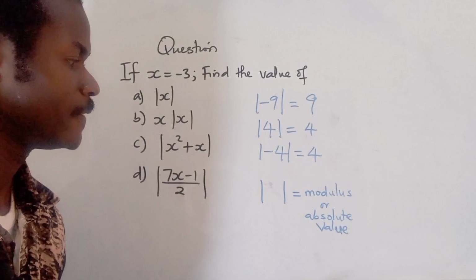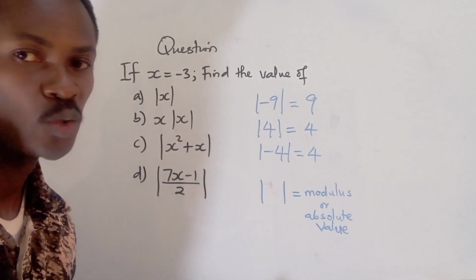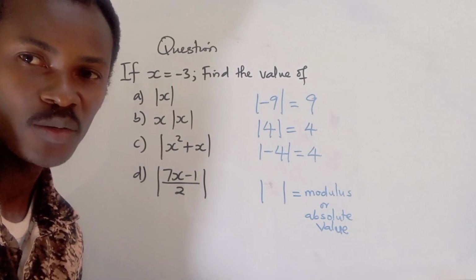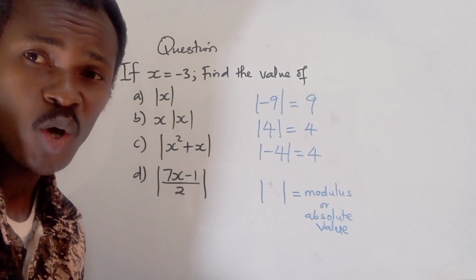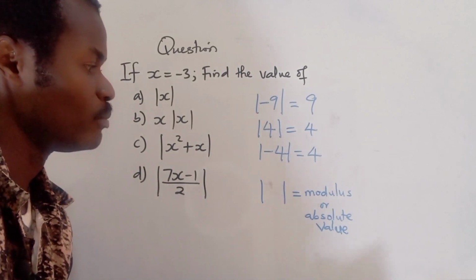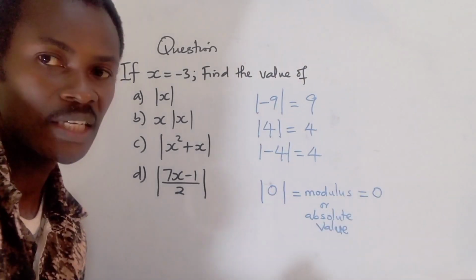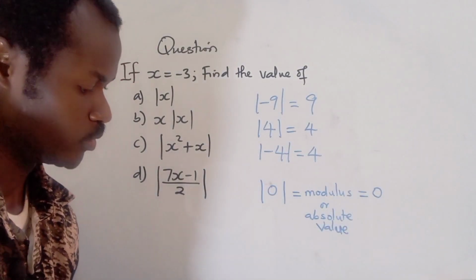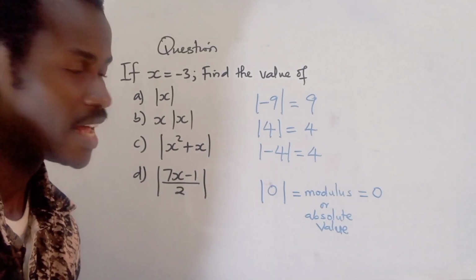Having done this, we should now have an idea what modulus or absolute value is all about. Remember, the modulus must always be equal to or greater than 0. The modulus of 0 is 0.